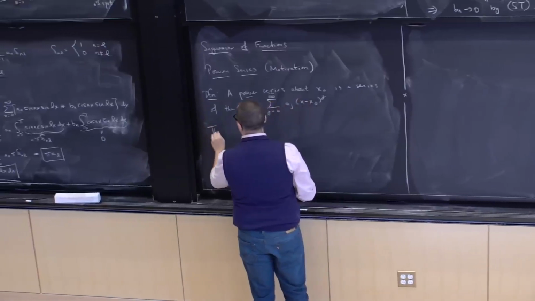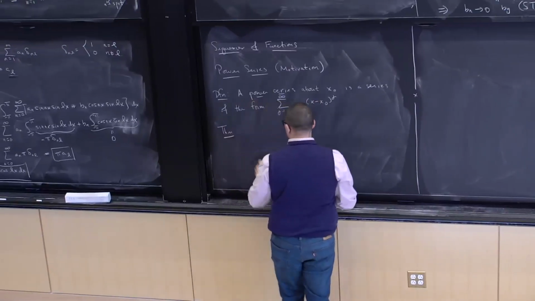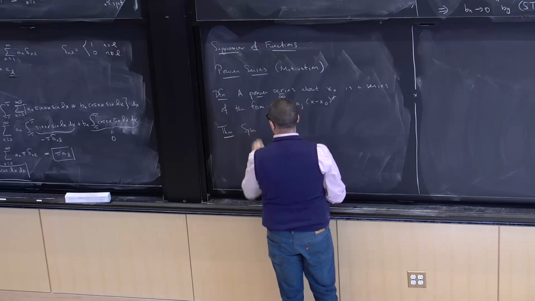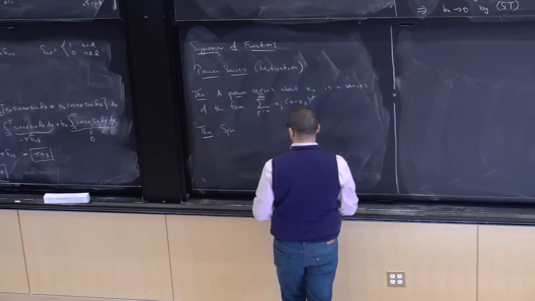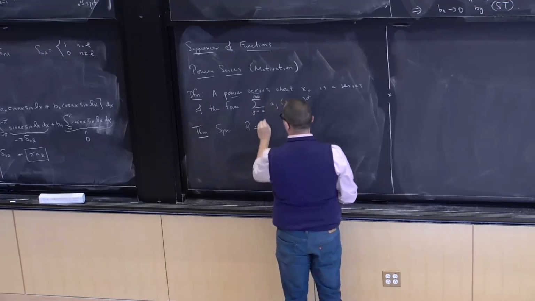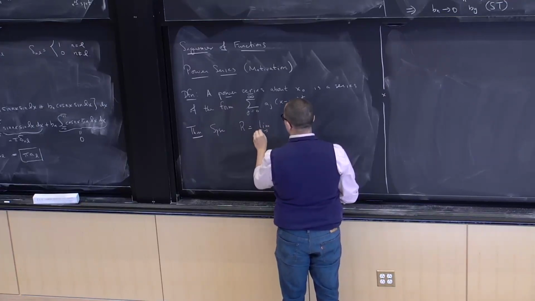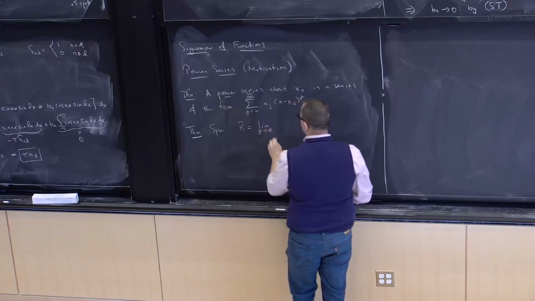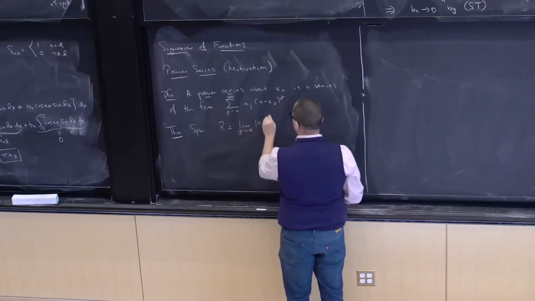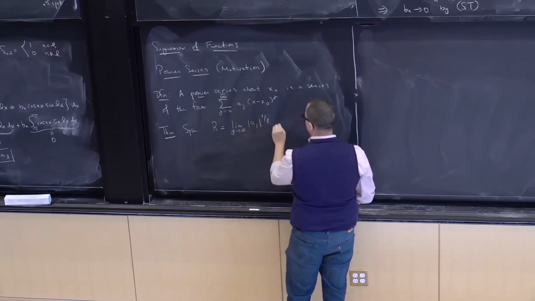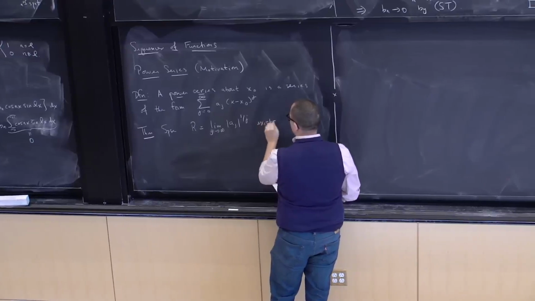So, a theorem, which immediately follows from essentially the root test. Suppose this number r, which is the limit as j goes to infinity of the absolute value of a sub j to the 1 over j, exists.